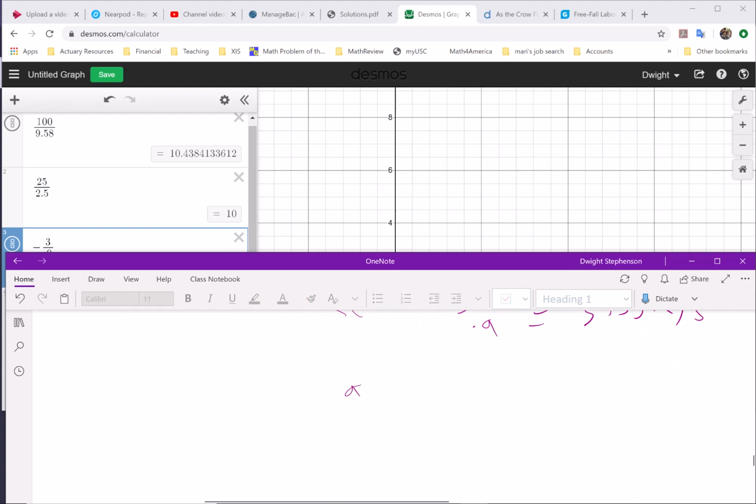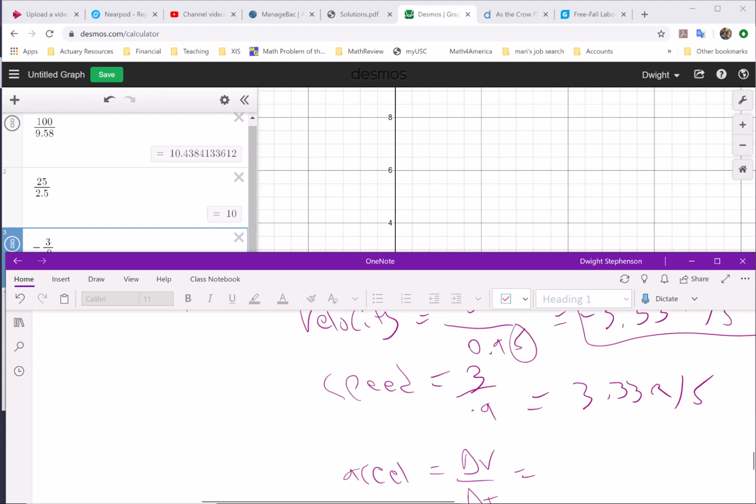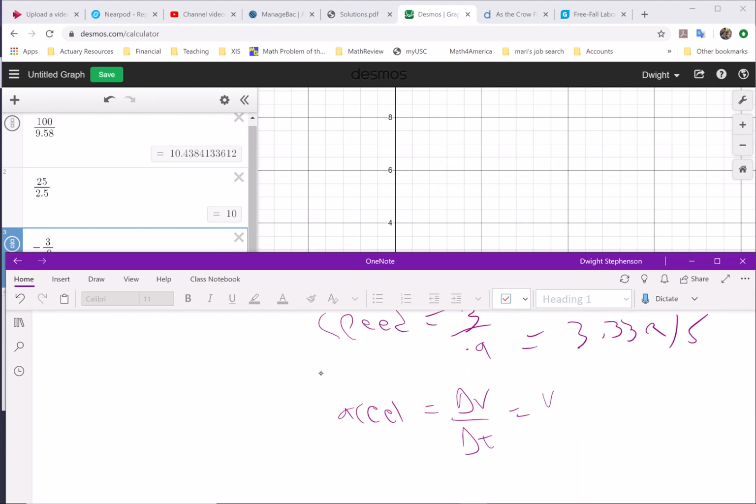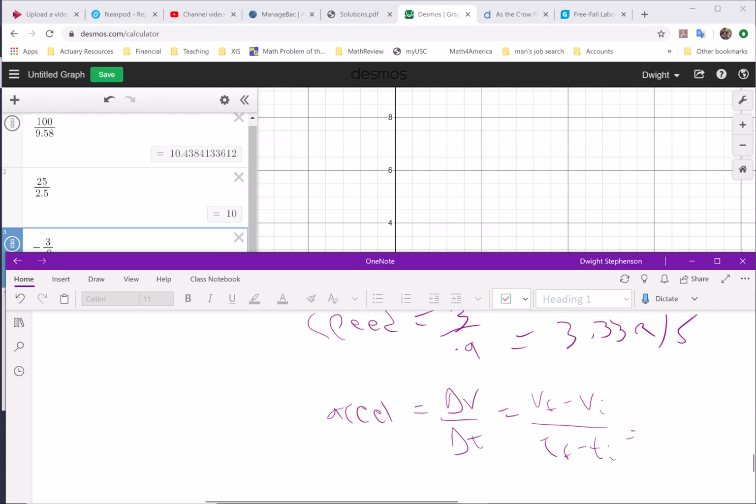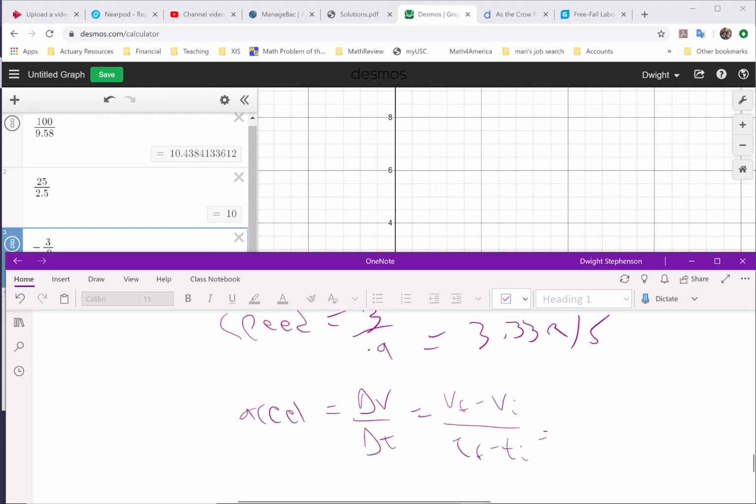Then we might ask about acceleration. Well, acceleration is change in velocity over change in time. So the final velocity minus the initial velocity over the final time minus the initial time. What was the final velocity? The final velocity right before it hit the ground was negative 3.33, right? You don't want to think about it once it hits the ground, because then it stopped. But the moment before it hits the ground, it was negative 3.33. What was the initial velocity? Well, that was just 0, right? When we first dropped it, we didn't throw it down, we just let it go.